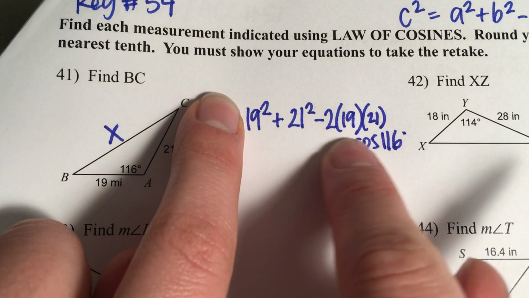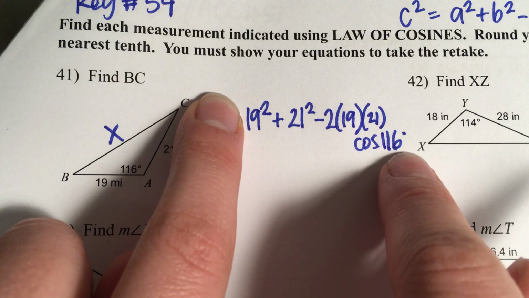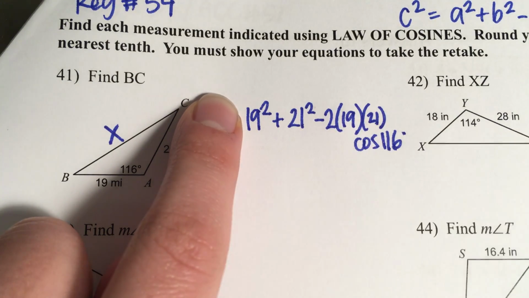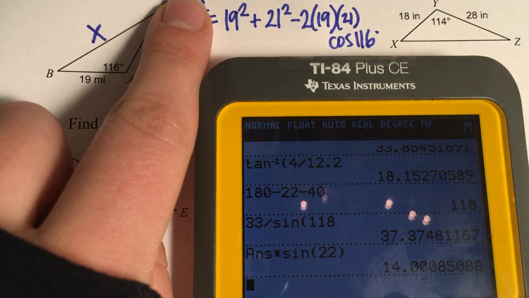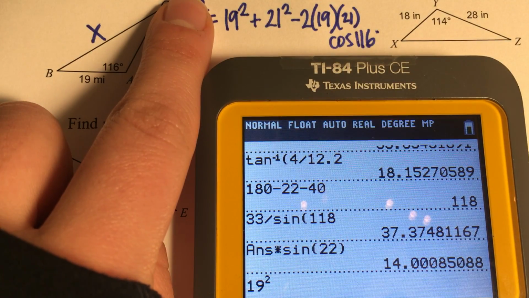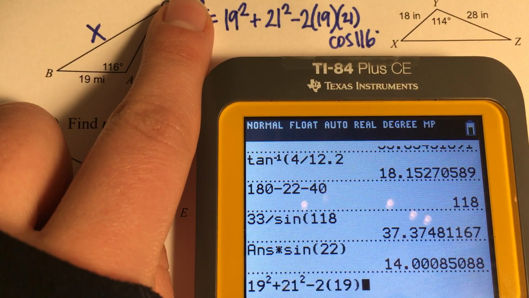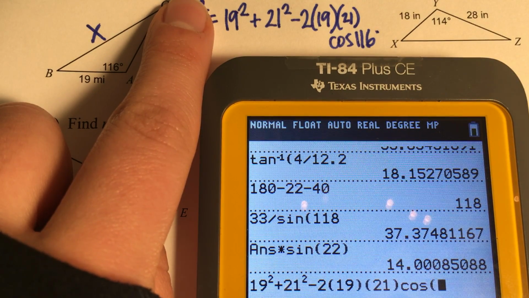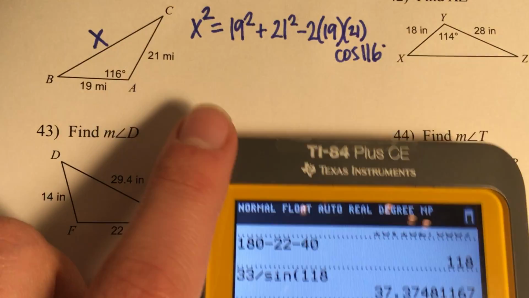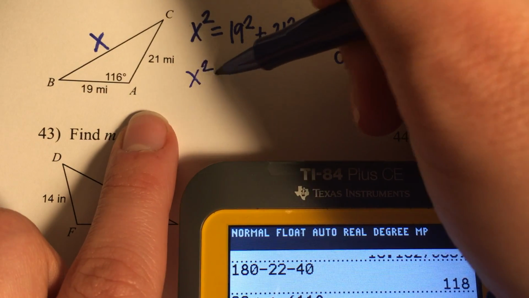Everything on this side of the equation has a number. There's no variables, so I'm going to go ahead and type all of this straight in. So I'm going to put this in my calculator as 19 squared plus 21 squared minus 2 times 19 times 21 cosine of 116. And I get this massive number, which is what x squared is.